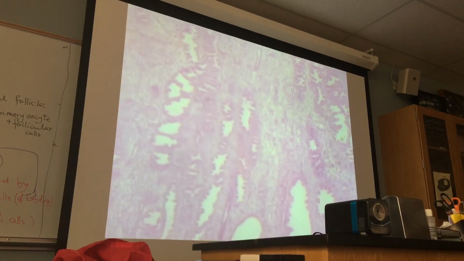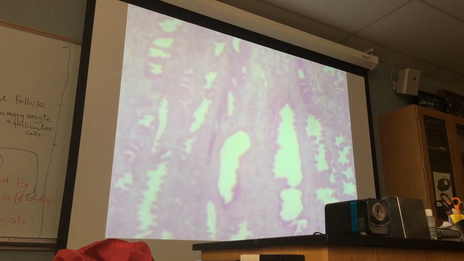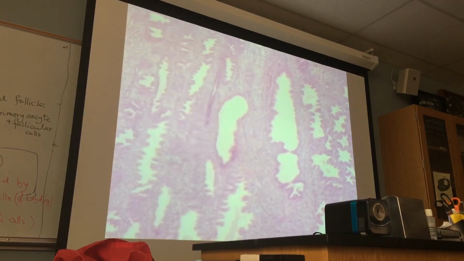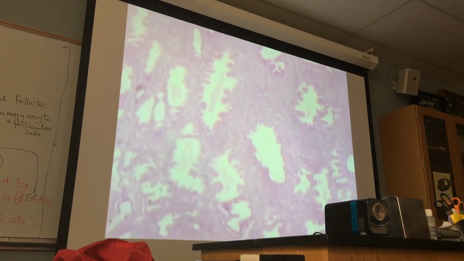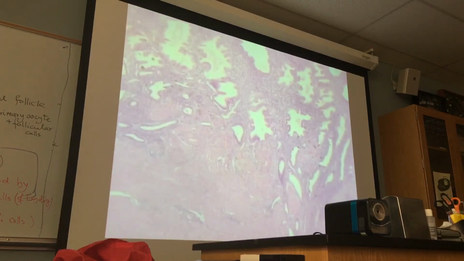This is endometrium, still endometrium. We are coming down from endometrium, we'll go toward perimetrium. Endometrium, still endometrium. Now here, this is the part of endometrium called basal layer or stratum basalis.